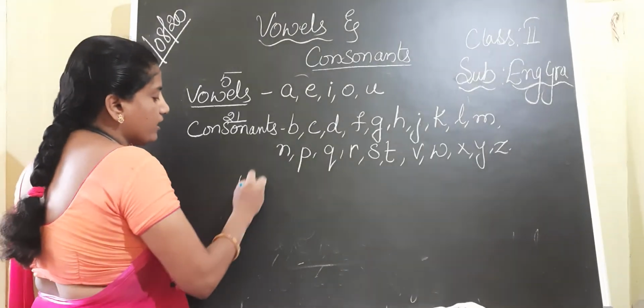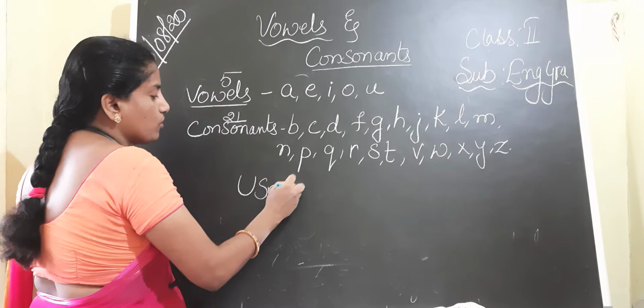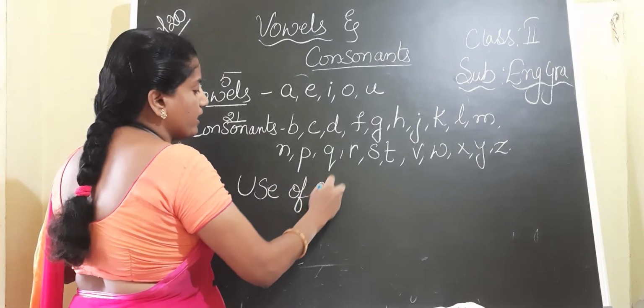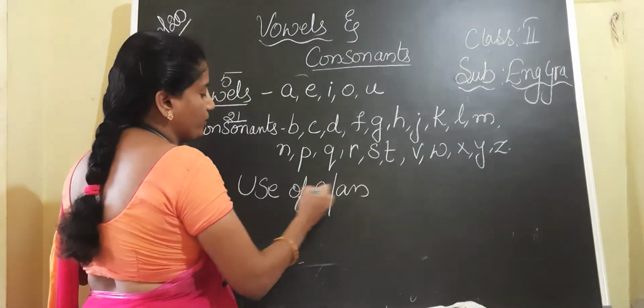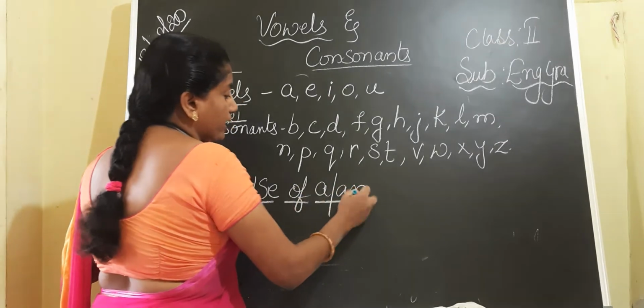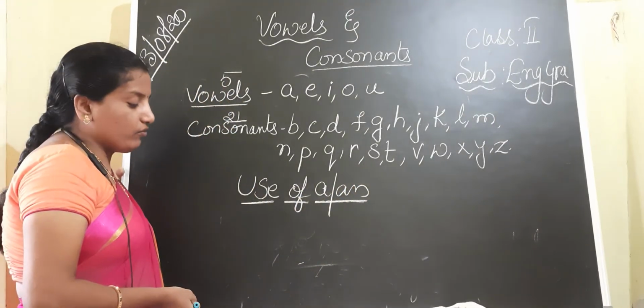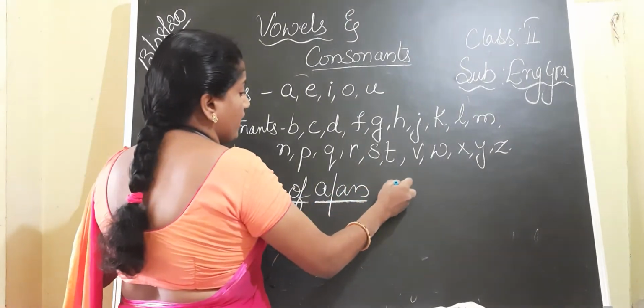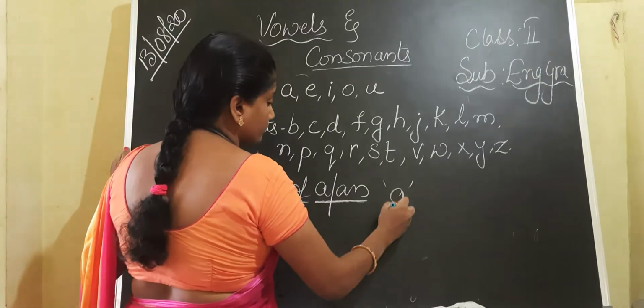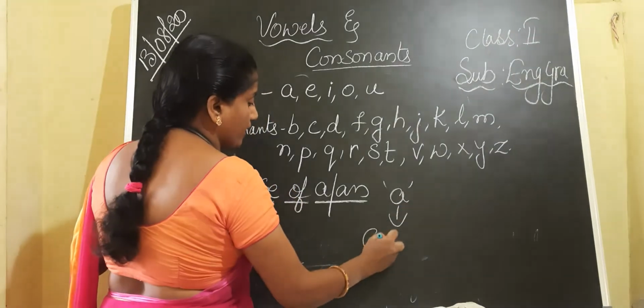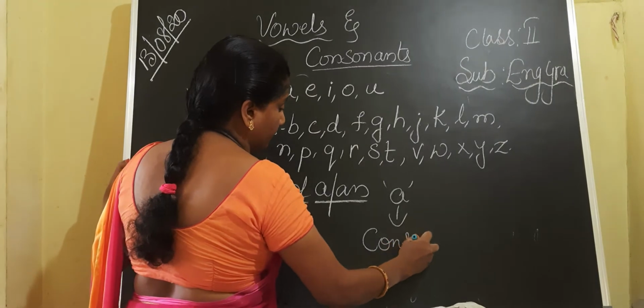Now, in this chapter, the use of A or AN has been introduced to you. See, children, A is used before a consonant sound.